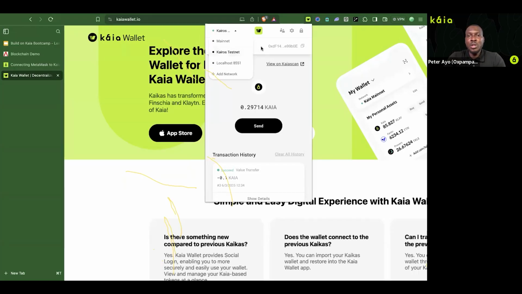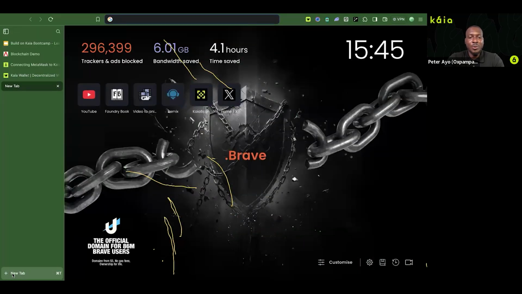To also pay for gas, which is the computational unit for every transaction being initiated, you have to fund your account first, because initially you would have zero in your account. To do that, you have to head over to faucet.kaia.io to fund your account.